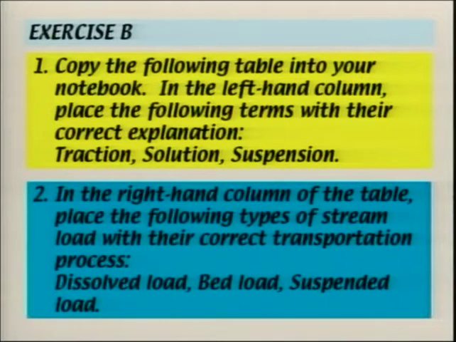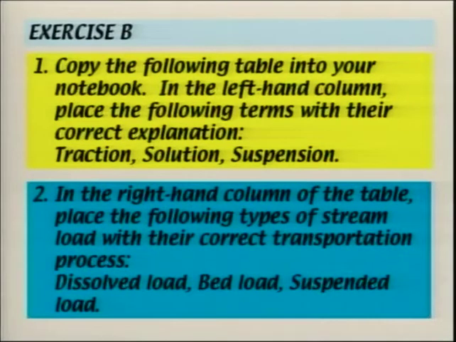And the words are dissolved load, bed load, suspended load. Again, you make note only of those 3 words, which will go on the right column. Dissolved load, bed load, suspended load.